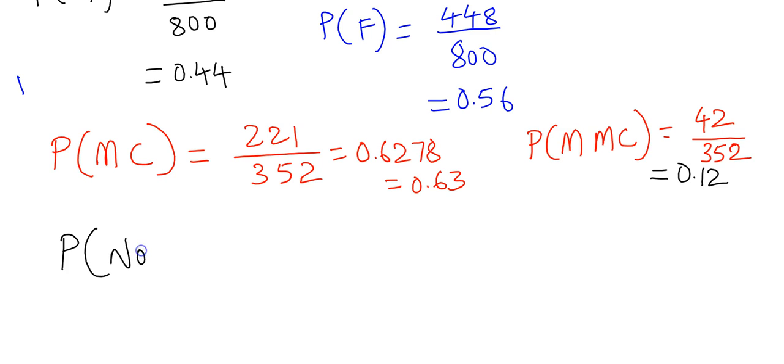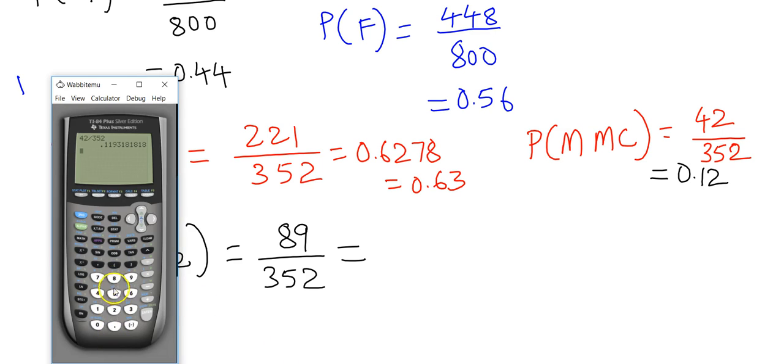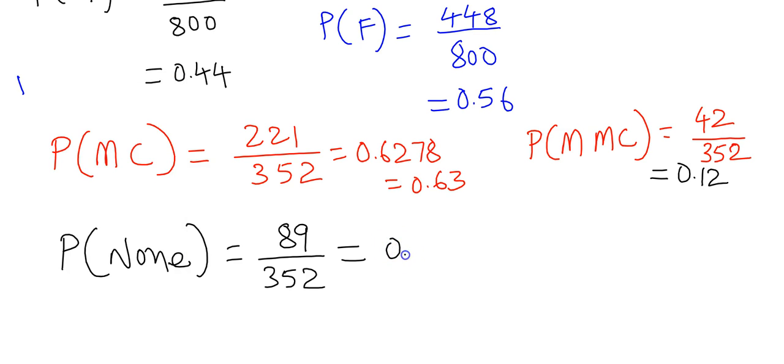Probability of none, no car or no motorcycle, is 89 over 352. 89 divided by 352 is 0.2528, etc. Rounding it, you'll get 0.25. Right. Check these ones.